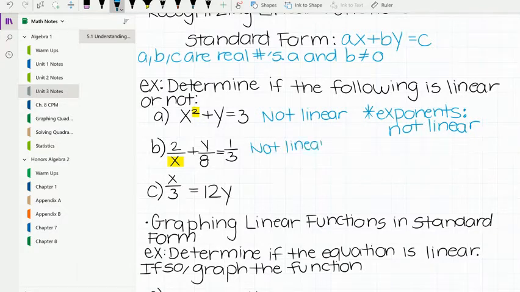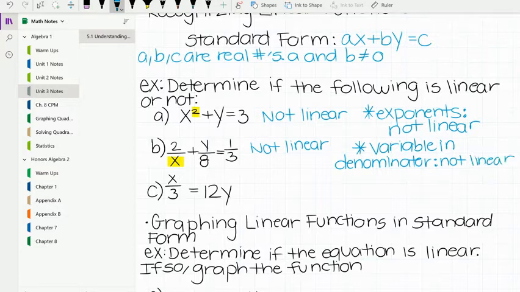So this one would also be not linear. I'm going to make a note here that if you have a variable in the denominator, then it is not linear. Those are the two things that we'll see.